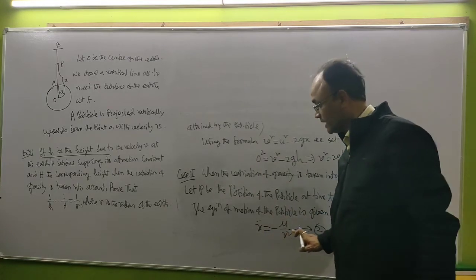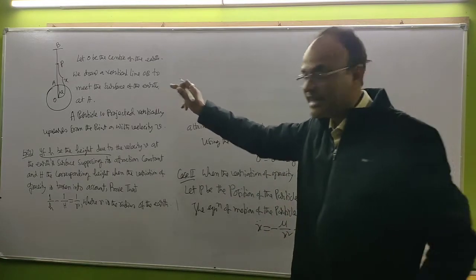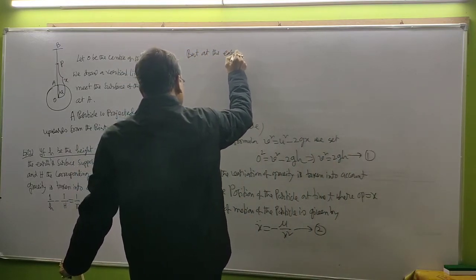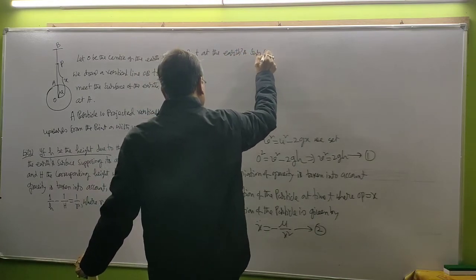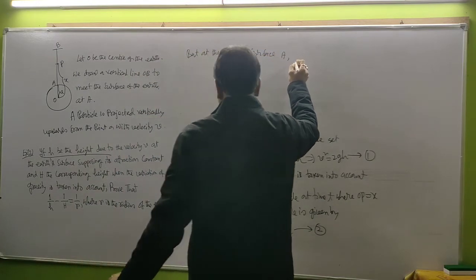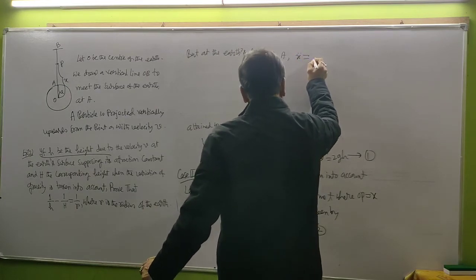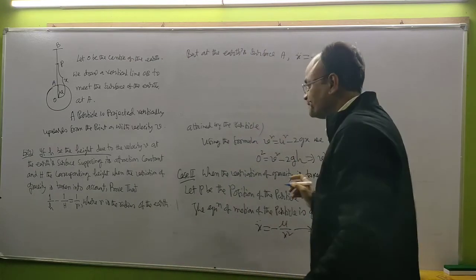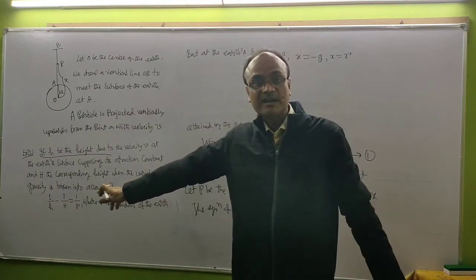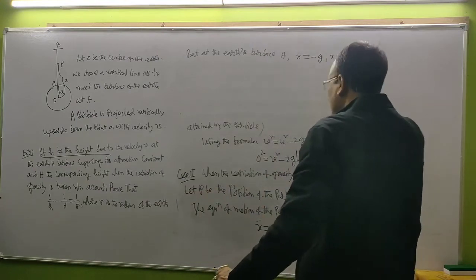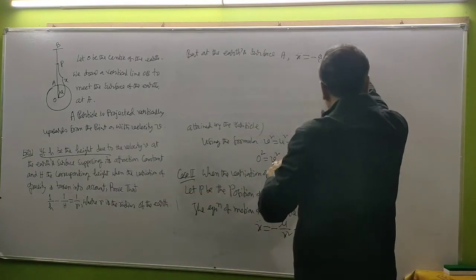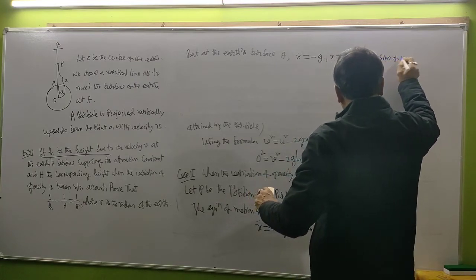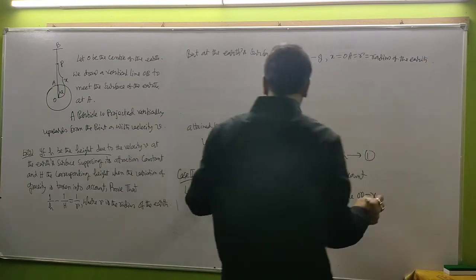But at the earth surface A, d2x by dt square equals minus g, when x equals r, because r is the radius of the earth. X is equal to OA, equal to r, the radius of the earth.